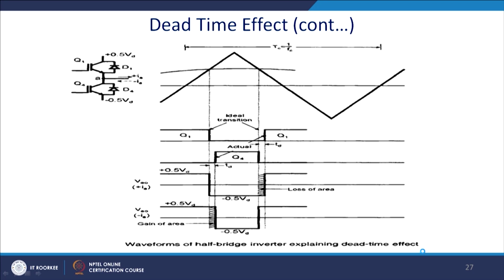Otherwise there may be a dead short, because you know that most of these inverters are made of IGBTs, and IGBTs have a current tail, so they take some time to turn off. For this reason, if at any point of time both these switches are conducting, then there is a chance of short circuit of the DC bus voltage, and the DC bus voltage may collapse. For this reason, we require to give a little blanking.